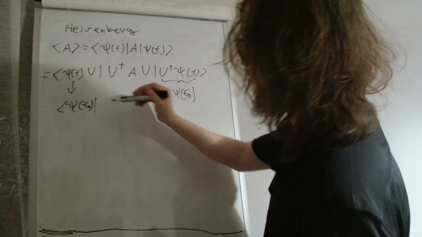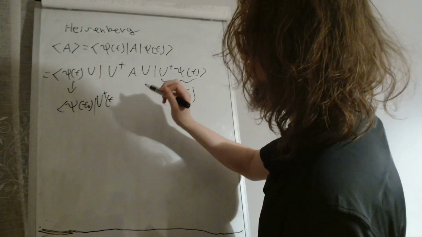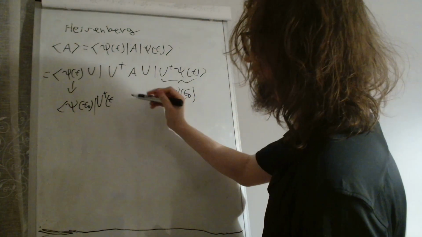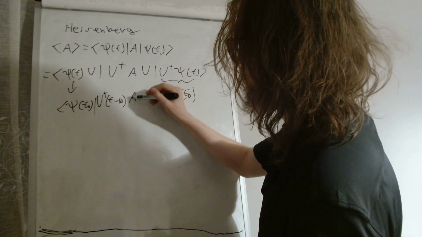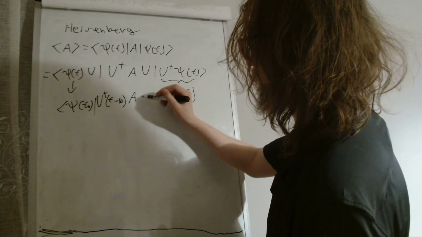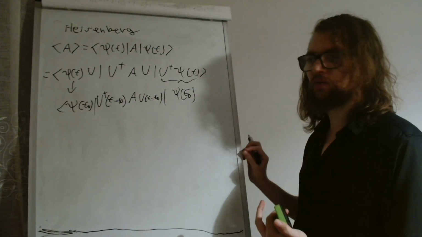And here we have the observable in the Heisenberg picture: u dagger of t minus t0, A, u of t minus t0, where u is the time evolution matrix.